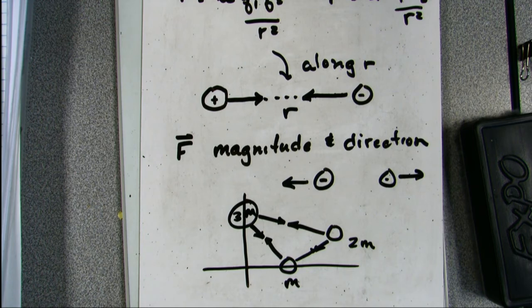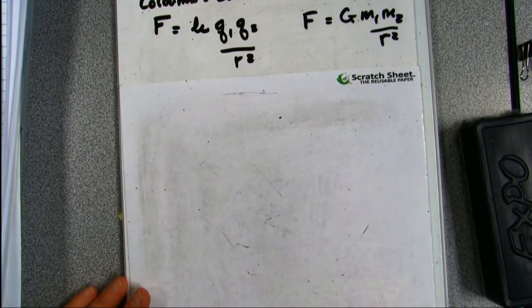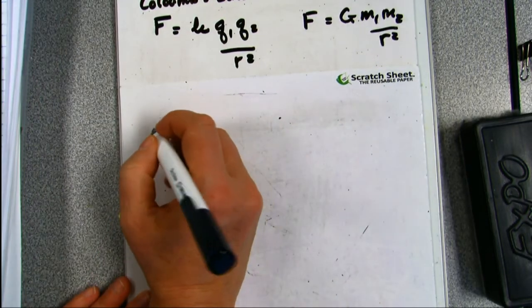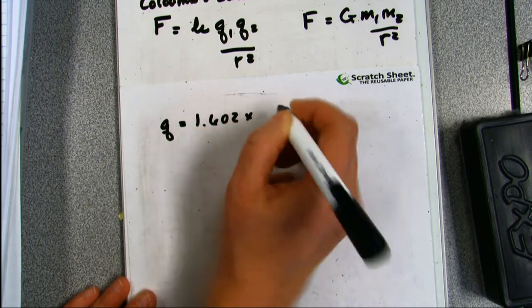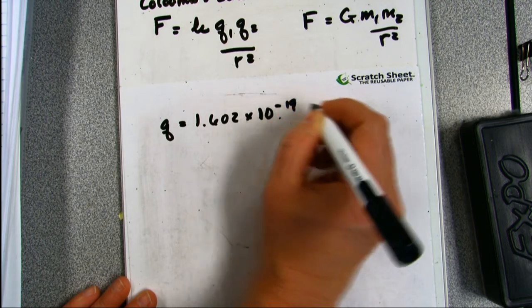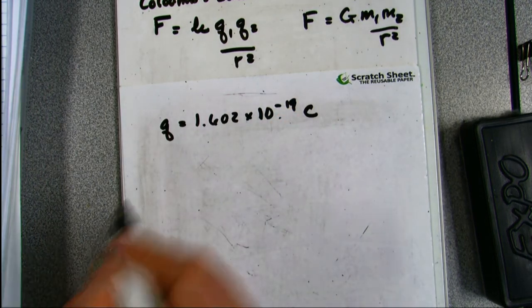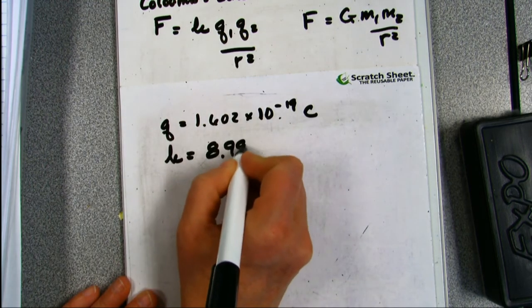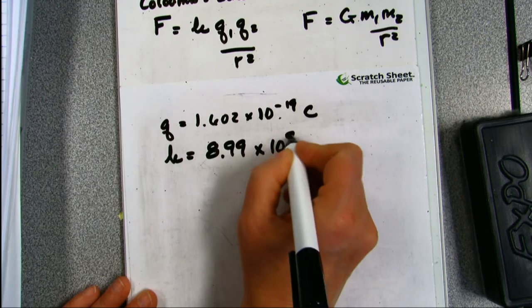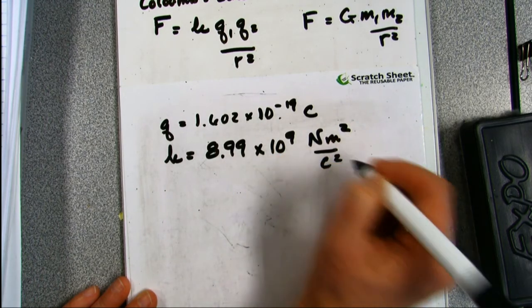Okay, so for grins and giggles, we're going to stick with good old Coulomb's law and Newton's law, and I'm going to give you some data. Charge is equal to 1.602 times 10 to the minus 19 coulombs. K, if you look it up, is 8.99 times 10 to the ninth newton meters squared per coulombs squared.